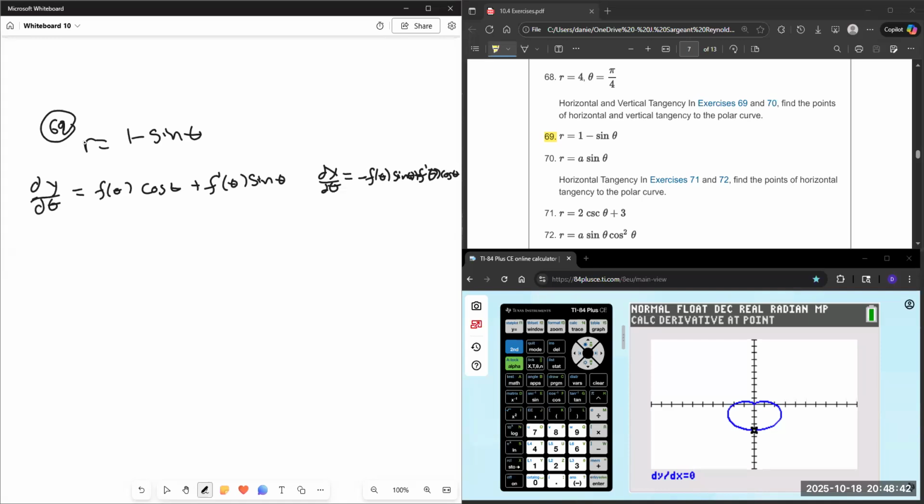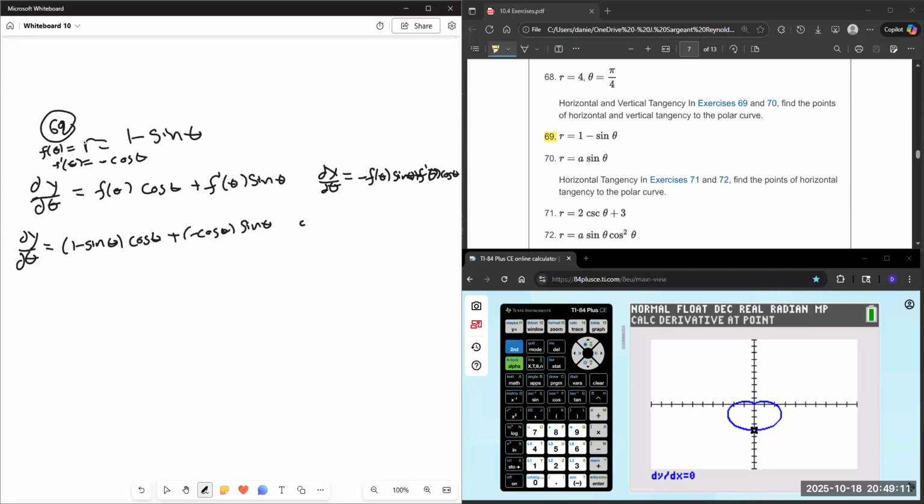So let's go ahead and find, if this is f of theta, f prime of theta is equal to a negative cosine of theta. So dy/d theta is equal to 1 minus sine theta times cosine of theta plus a negative cosine of theta times sine of theta.